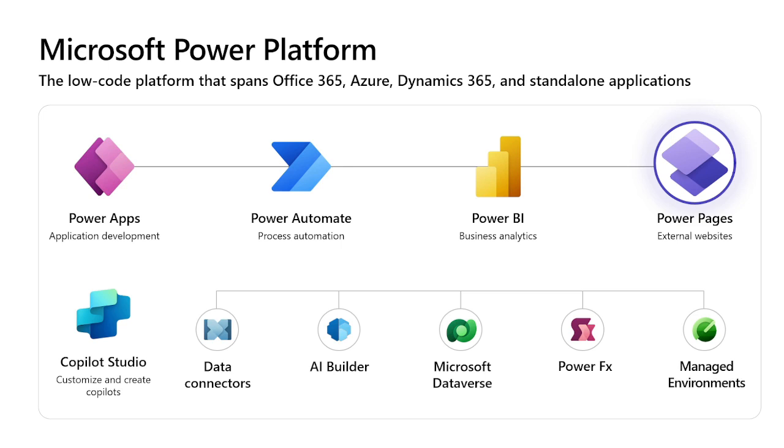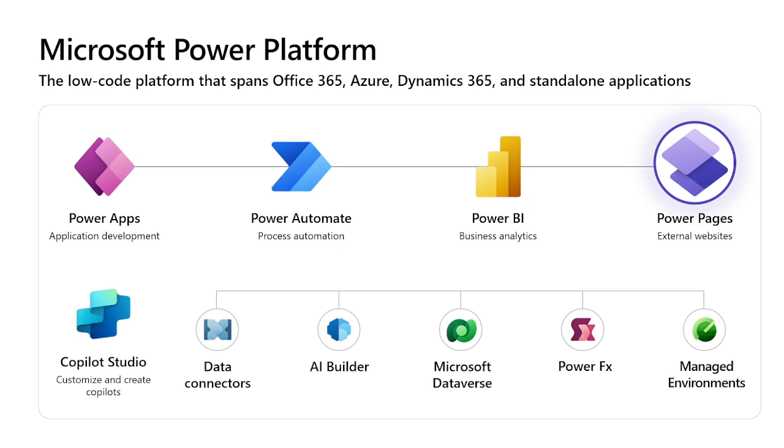But all of these capabilities, whether it's Power Pages, Power Apps, Power Automate, these are all augmented through some of the things that you see below. So you have the ability to add Copilot Studio, so you are able to create highly customized chatbots and embed that within Power Pages directly from the Microsoft platform. You are able to utilize data connectors that will allow you to integrate into various different sources. You're able to utilize AI Builder.